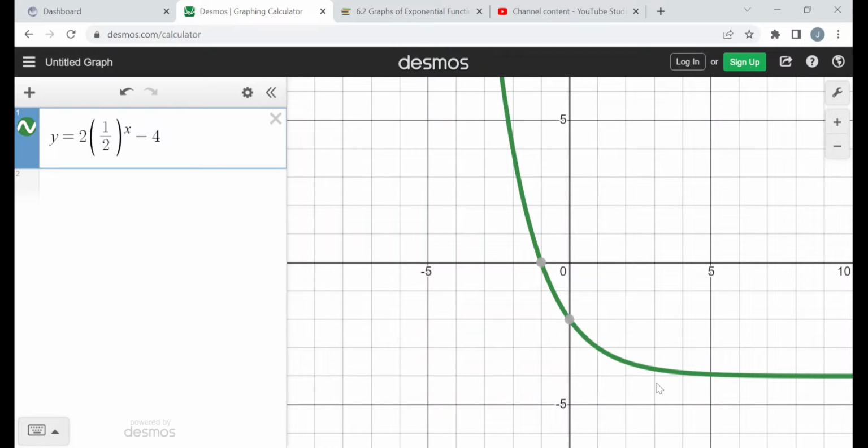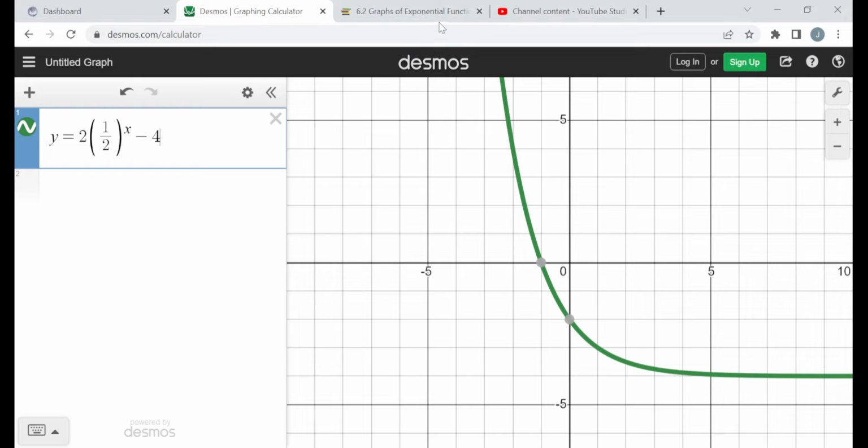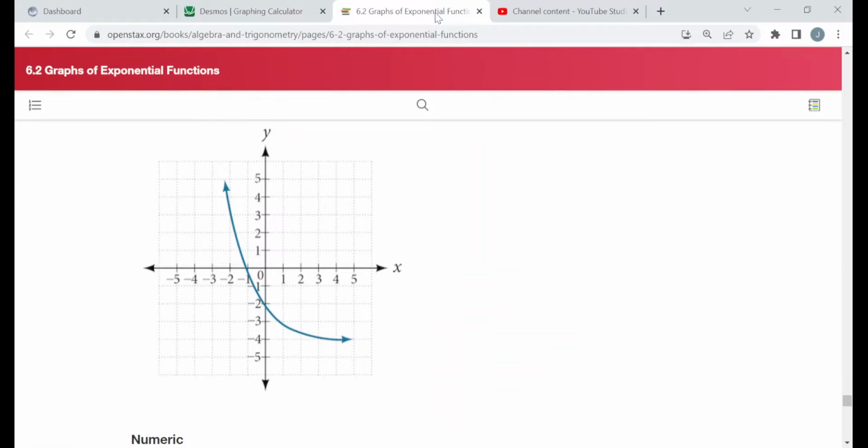Clearly the asymptote's at y equals negative 4. It looks exactly the way this graph does here. So yeah, like I said, I guess you could have done that for the previous 2 examples I had, and then just use properties of exponents to ensure that the base was 2.